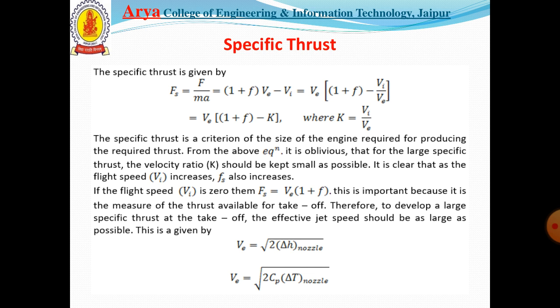If the flight speed V_i is 0, then F_s equal to V_e into (1 + f). This is important because it is the specific thrust at takeoff condition of the jet engine or aircraft.